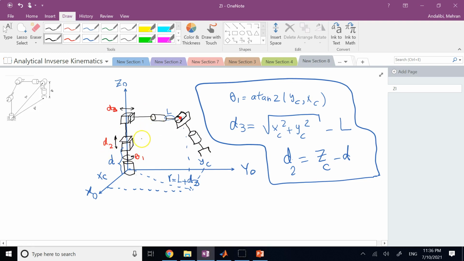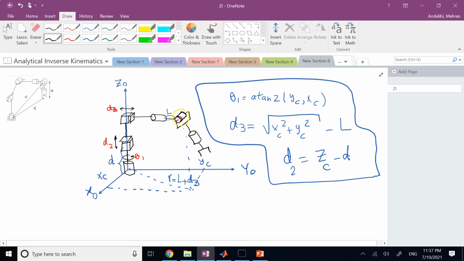This is what we used for one of our previous lectures. Then the equations for the last three joints are similar to what we did. It's just the first three joints, the inverse position problem, whose formulas are a little bit different.